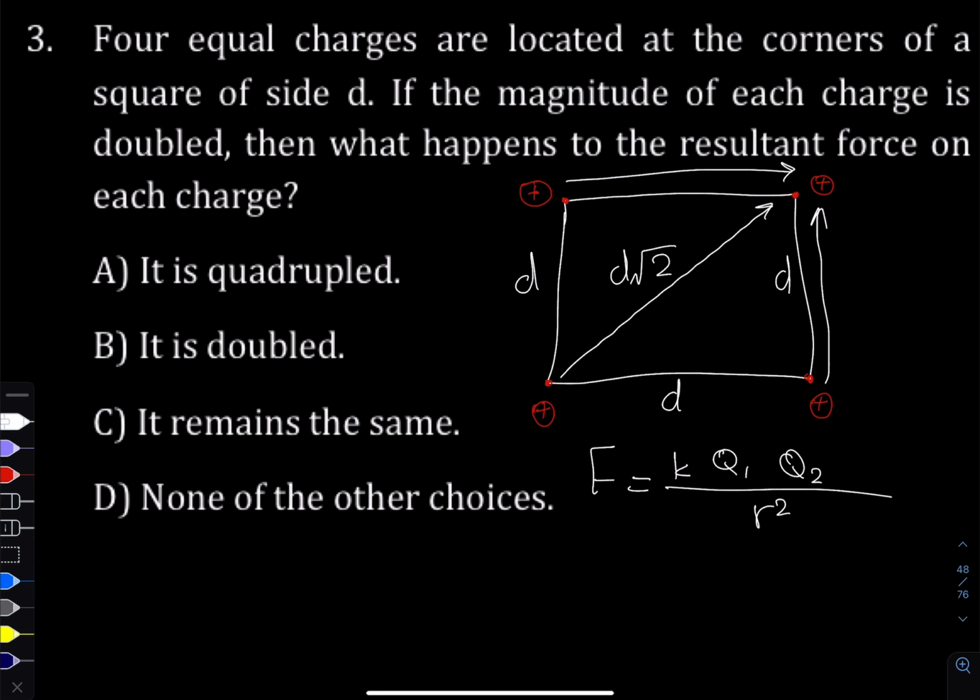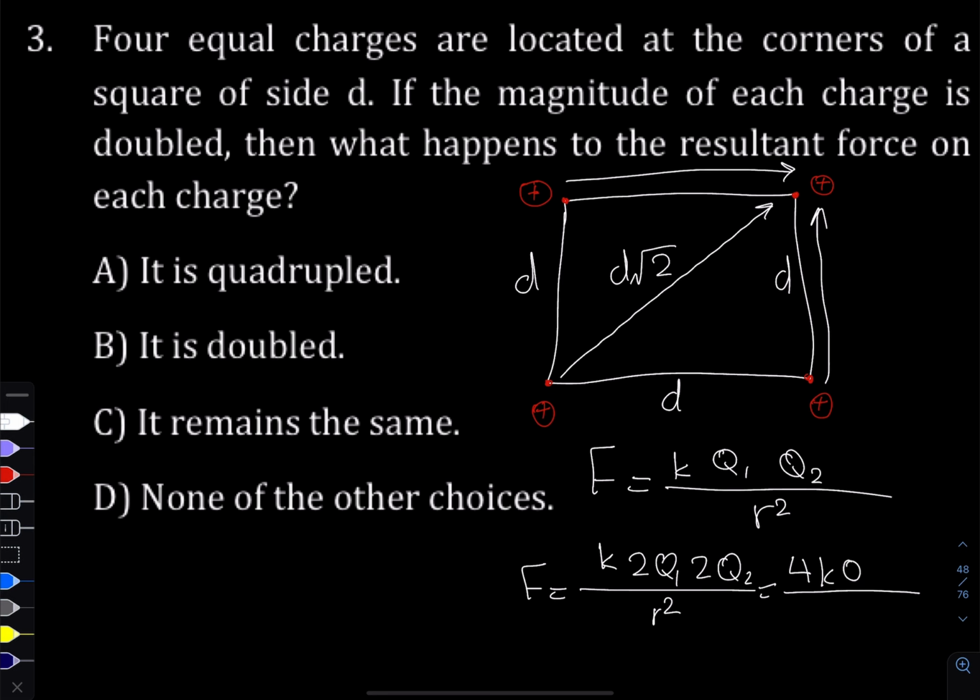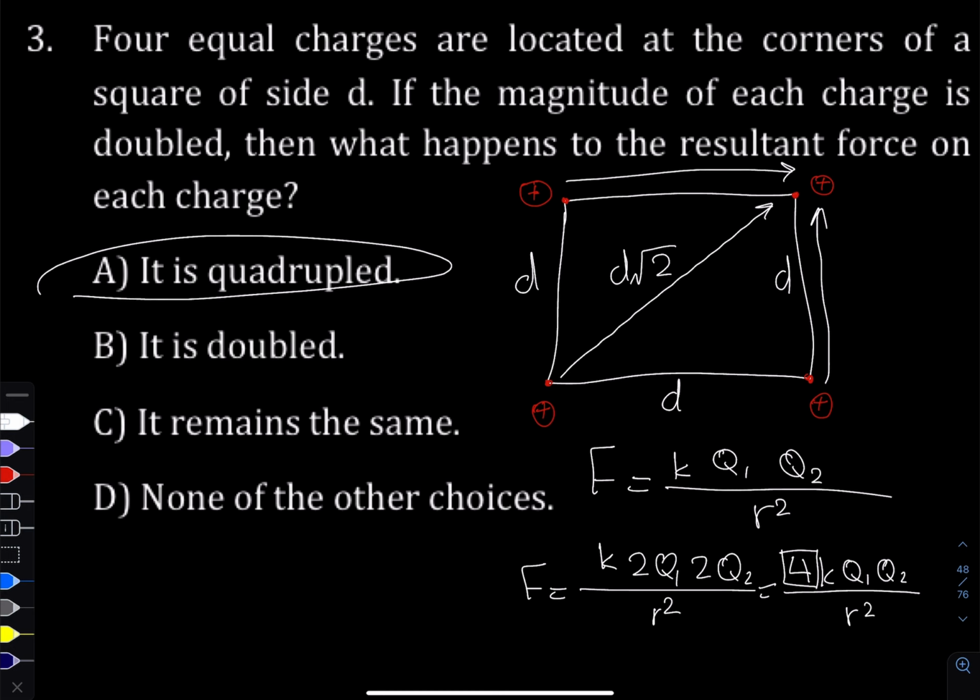So if you double the magnitude of the charges, that would give you 2Q1, 2Q2, and then this would just be 4K Q1 Q2 over R squared. So the 4 is the only thing that's changed from before. So it would just be quadrupled. But if you want me to prove that to you, I can.